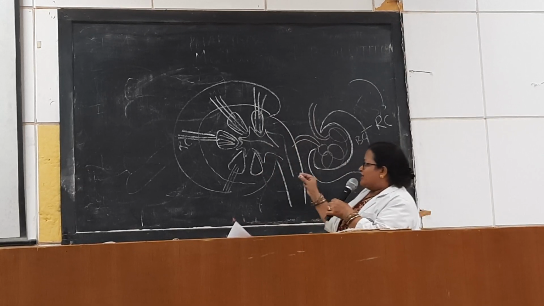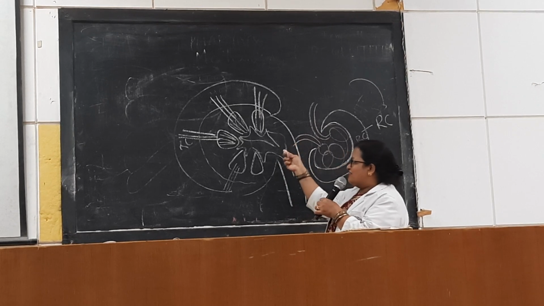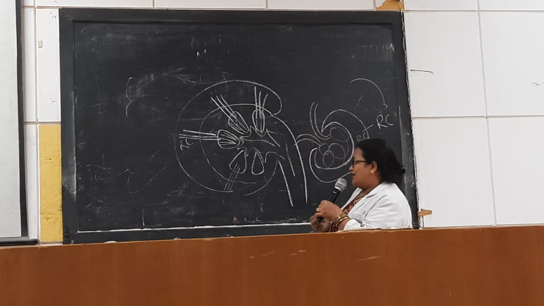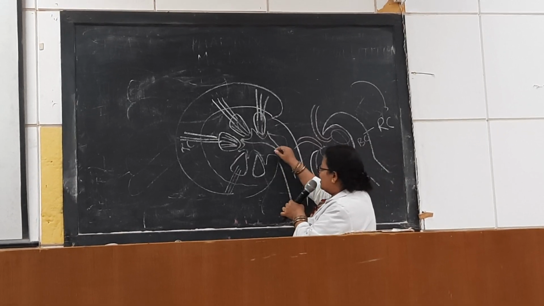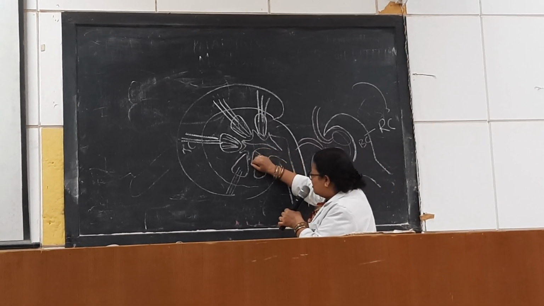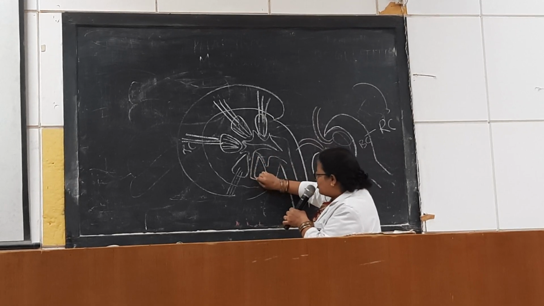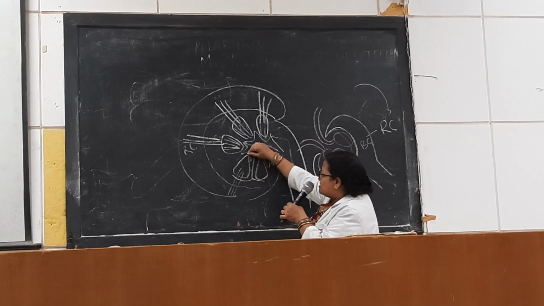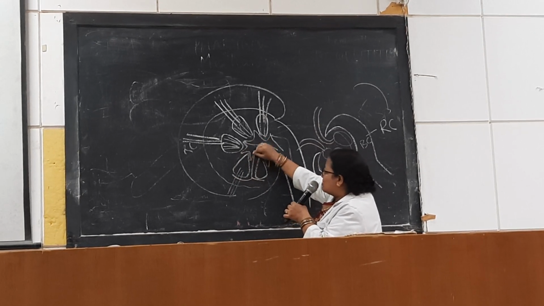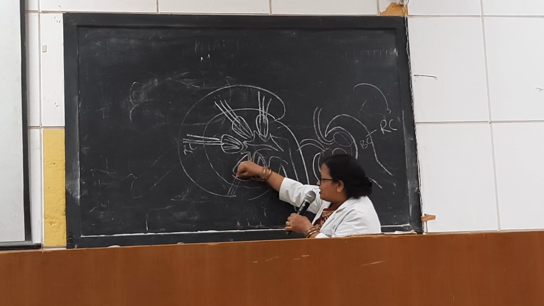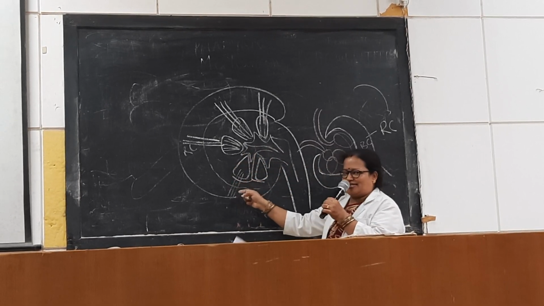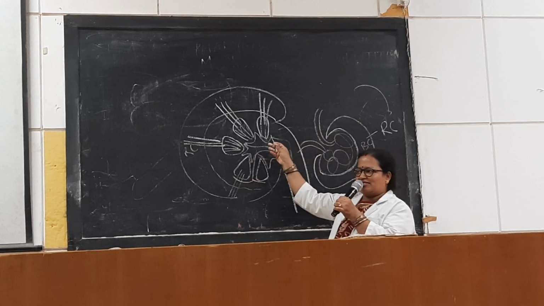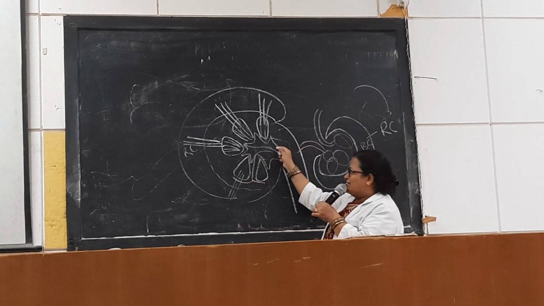Then each branch divides into a lobar artery, which at the base of the pyramid divides dichotomously. The apex of the pyramid points towards the minor calyx, and the base of the pyramid points towards the cortex.